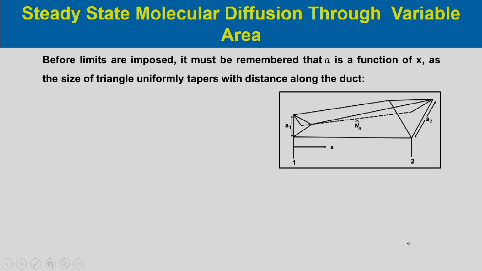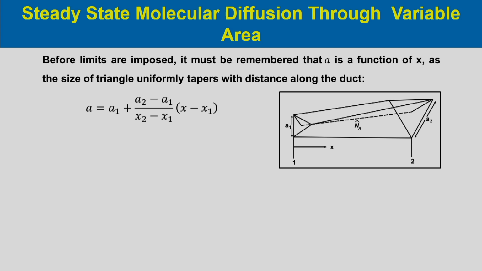Before limits are imposed, it must be remembered that a is a function of x. That means a is varying with respect to the distance x, as the size of the triangle uniformly tapers with distance along the duct. So, we need a relation between a and x.